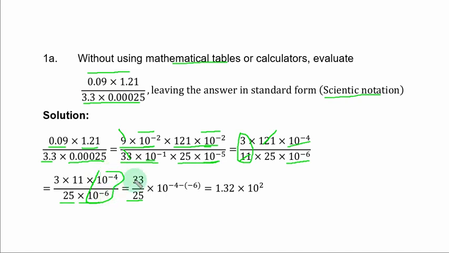So you have 10 to the power of minus 4, then a minus sign for subtracting the same base when divided, then minus 6. If you divide 33 by 25, you have 1.32. Minus minus is plus. So you have minus 4 plus 6, that is 2. So you have 1.32 times 10 to the power of 2.